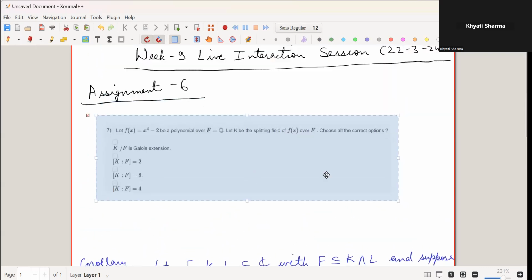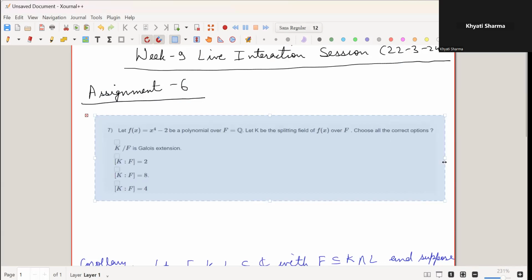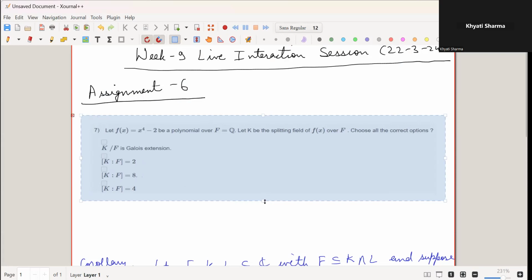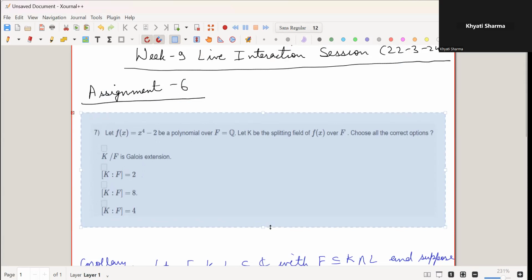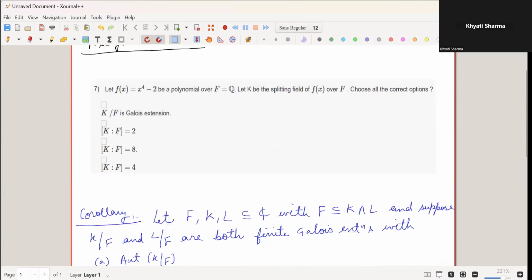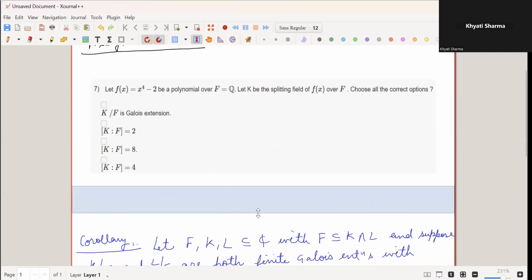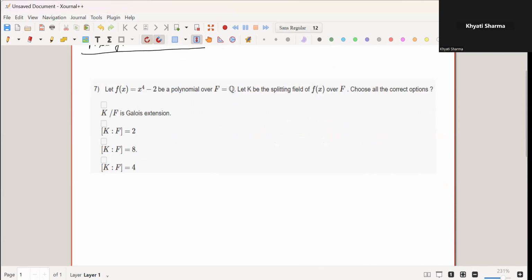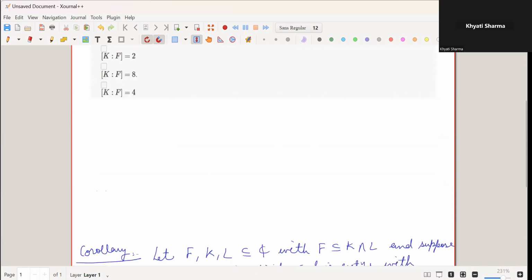The 6th question we have already discussed in the last interaction session, so that corollary is also not needed. It would be required at the end, maybe for problem 8. So let's not bother about it.